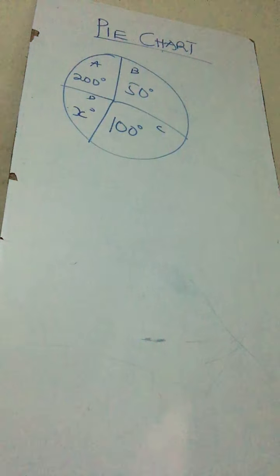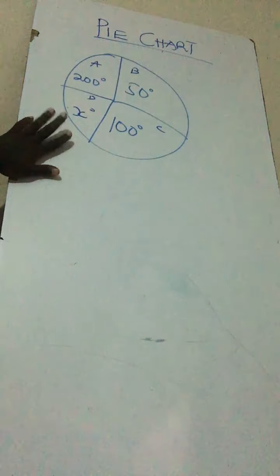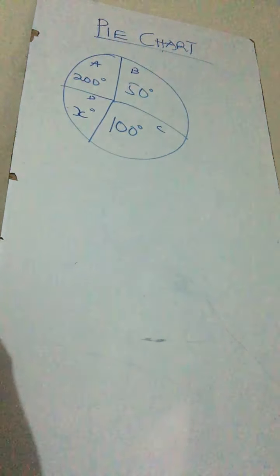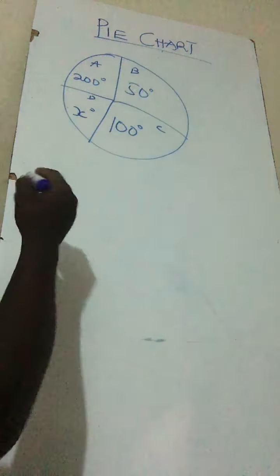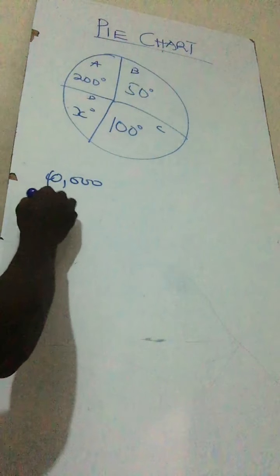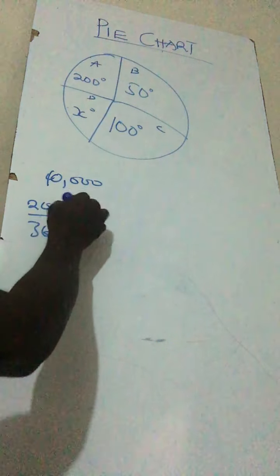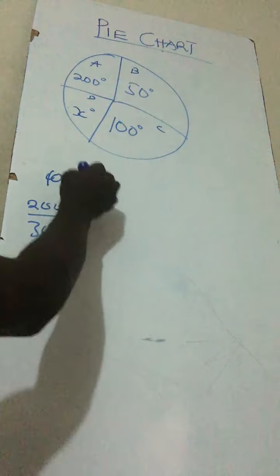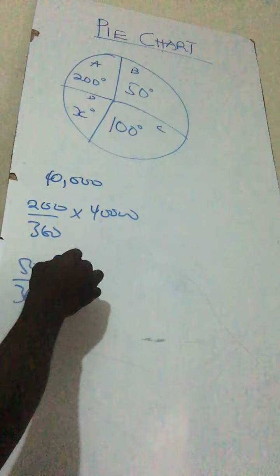Let's say the total expenditure that was spent is 40,000 Ghana cedis, and they tell you to find how much each had. A will be 200 over 360 times the total. B will be 50 over 360 times the total.